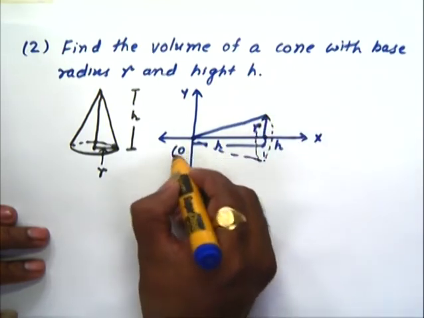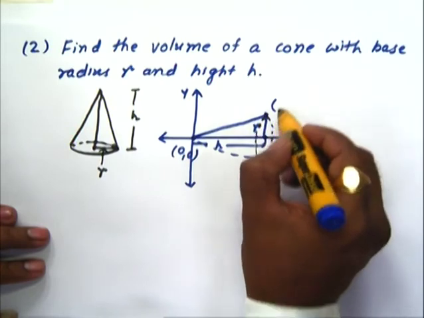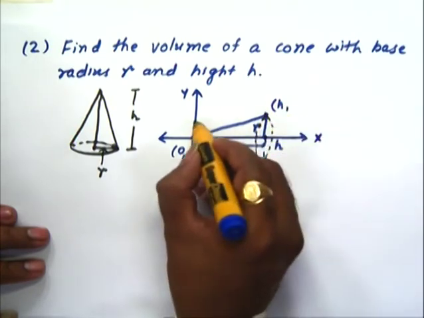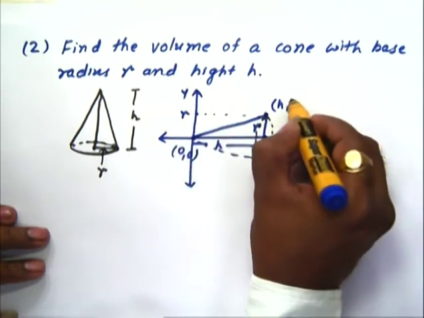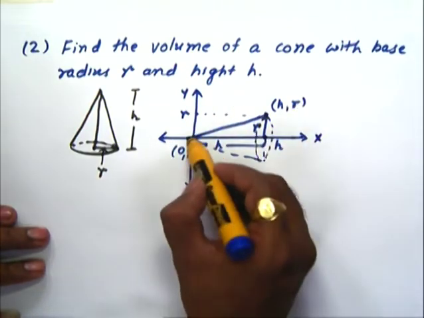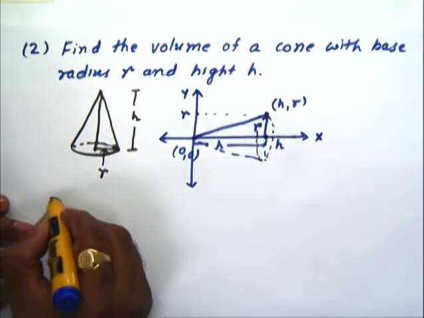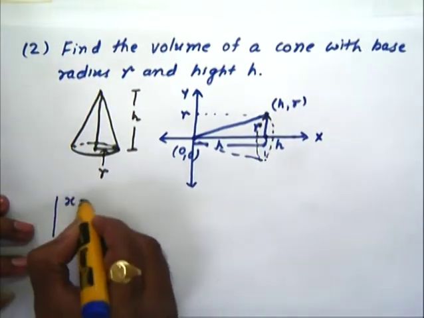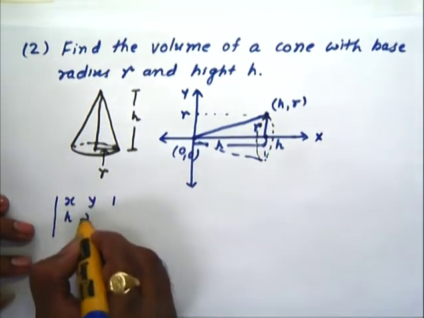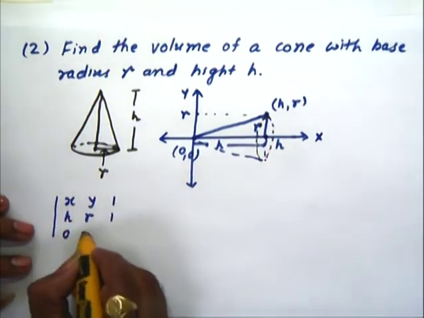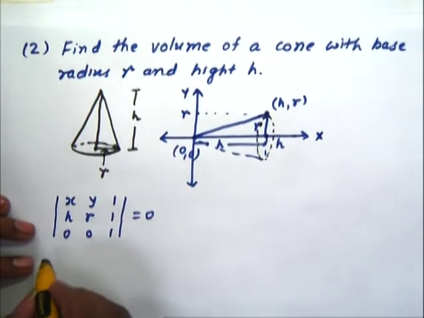Now first of all we have to find the function of this line. So this point is 0 0. The coordinate of this is x coordinate is h and y coordinate is nothing but, see, this is r. So the equation of line passing through 0 0 and h r is given by the determinant x y 1, h r 1, 0 0 1 equal to 0.